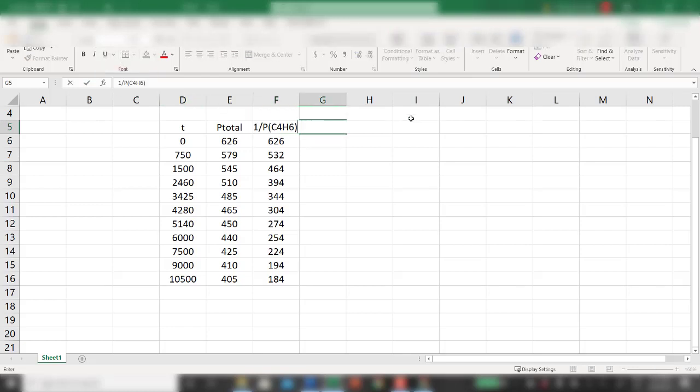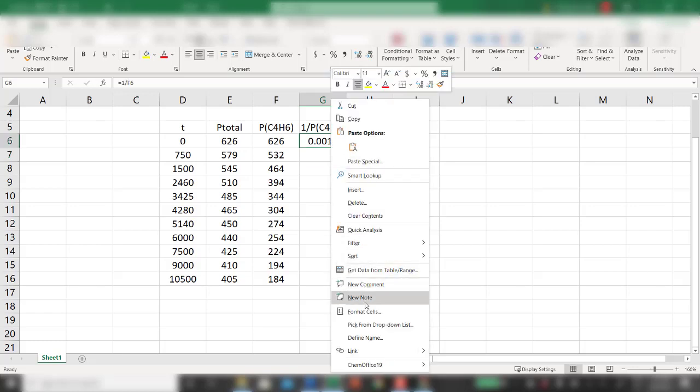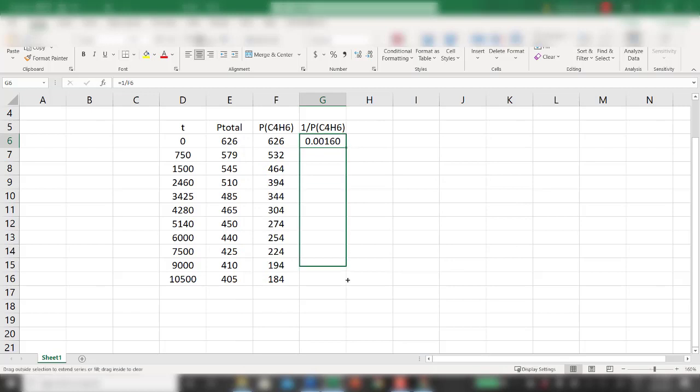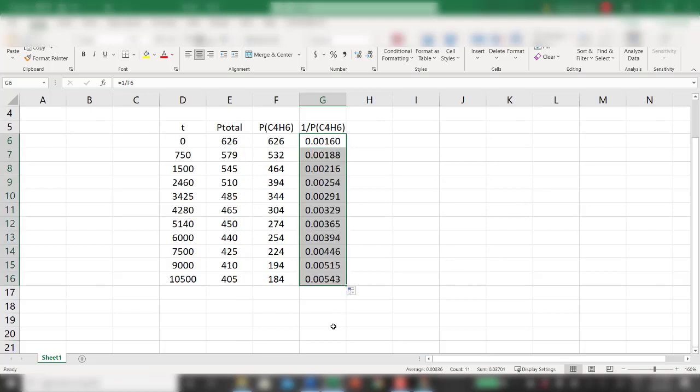The reciprocal will simply be equals to 1 divided by this. Let's keep the values to 3SF. Okay, so I'm going to drag it down. In your case you have to punch the calculator, so it's actually easy to do via Excel.